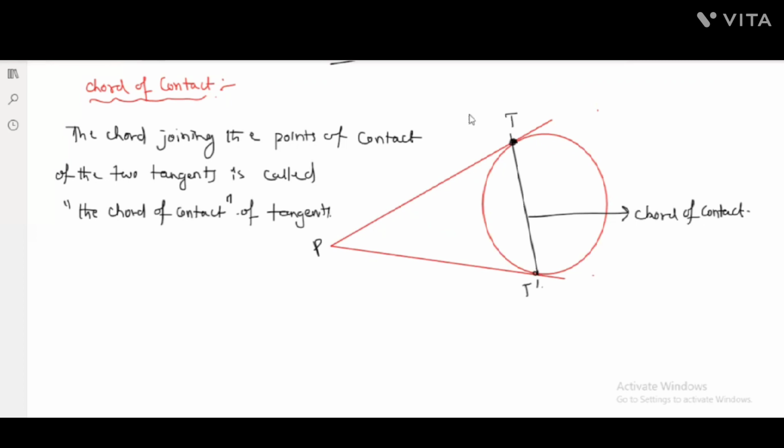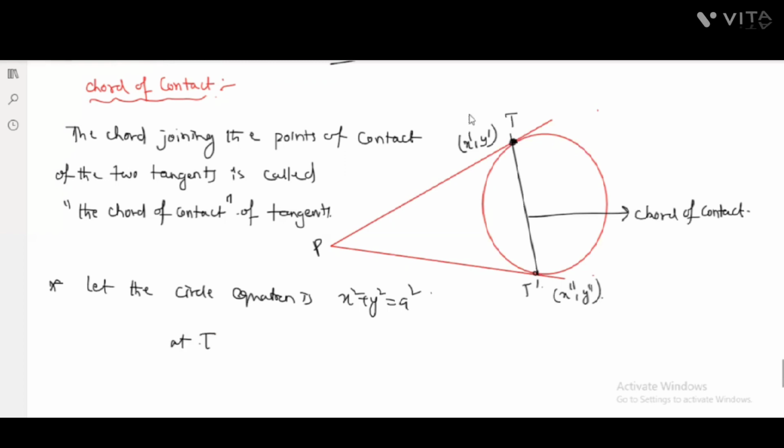So how to find the equation of chord of contact? Let us assume the circle equation is x square plus y square is equal to a square. At the point T, let us assume this point is (x dash, y dash), and this point is (x double dash, y double dash).